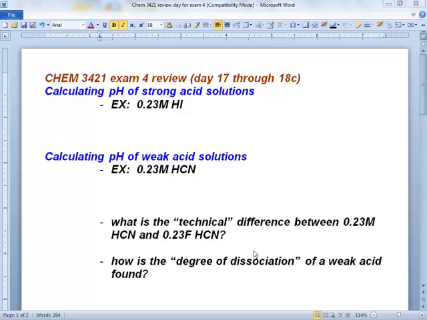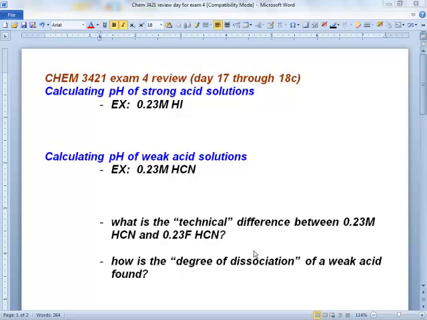Then we jumped into the pH of weak acid solutions. The 0.23 molar HCN. How would you do that? You have to make an ice table, right?